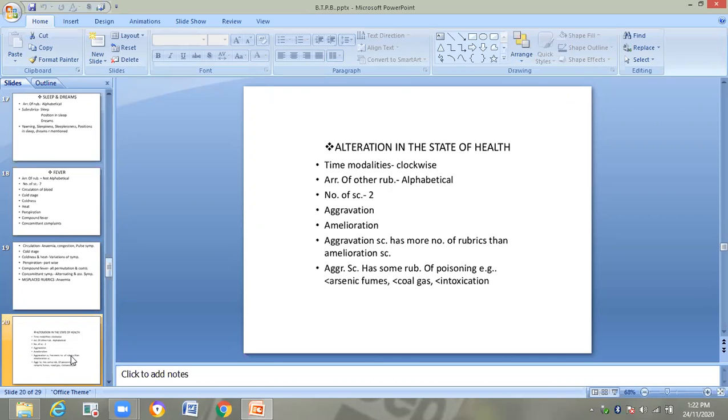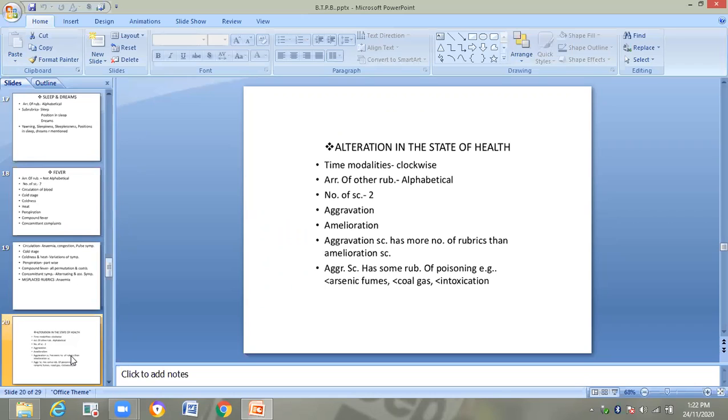Then comes the next chapter of this repertory, that is alterations in the state of health. The time modalities were given, first aggravations and then ameliorations, and the time was followed clockwise.